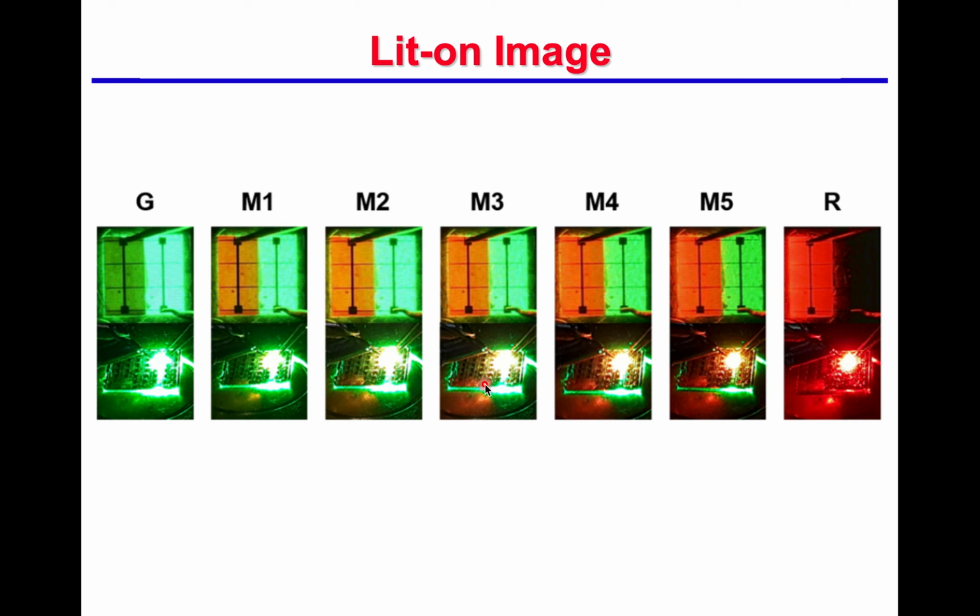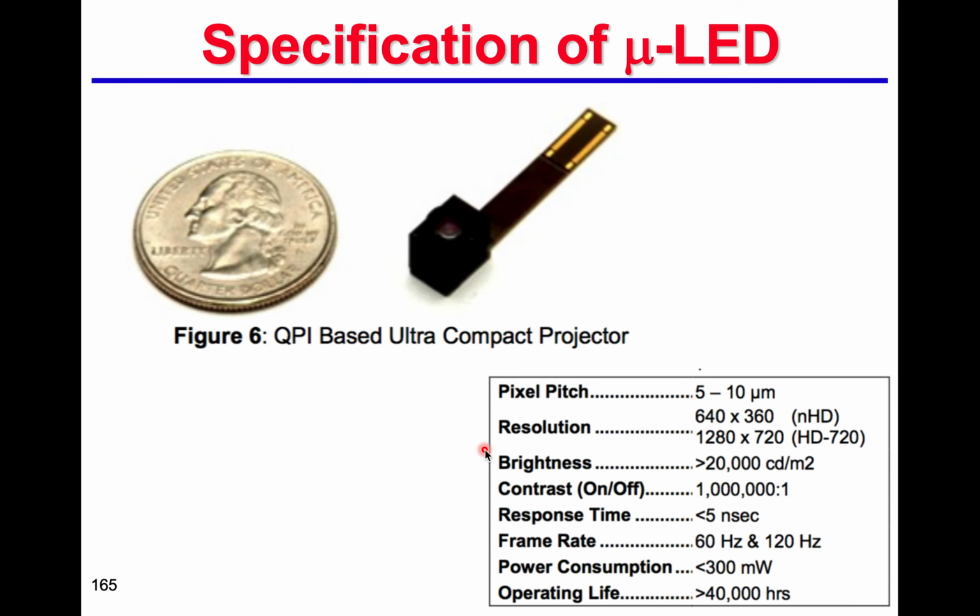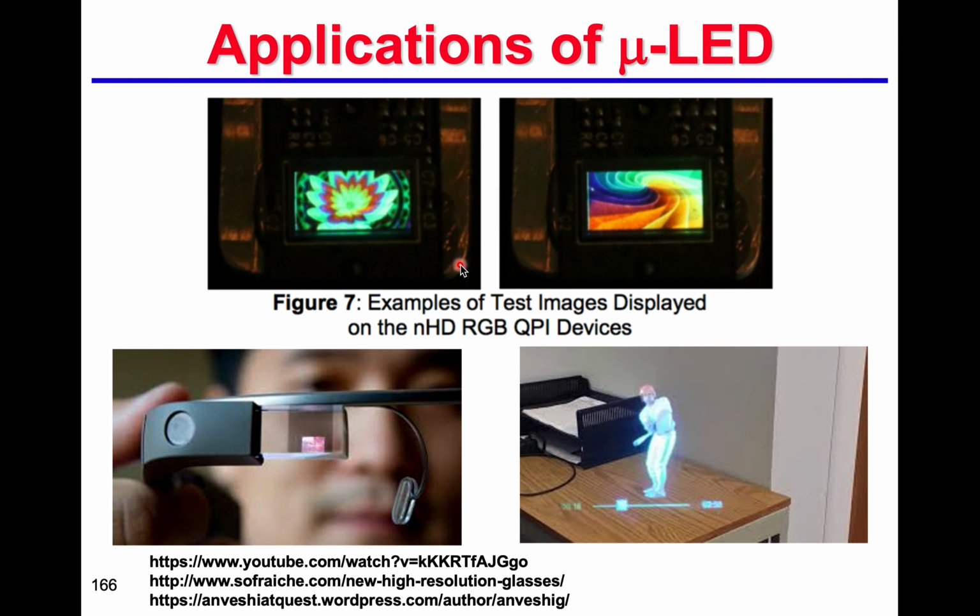You can change the emission color from the green to the red, and in between is some orange or looks like a little bit yellow colors, so that it is possible to achieve a very small projector.